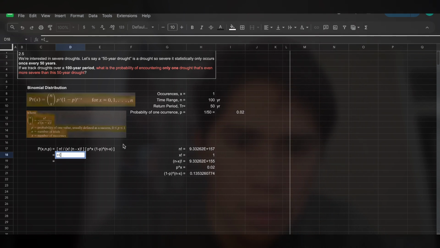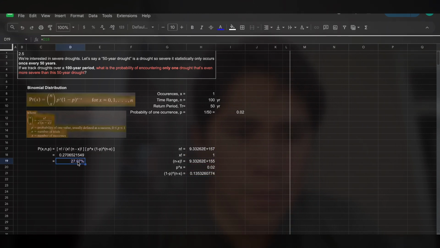Let's use parentheses. N factorial is going to be this value over x factorial, which is 1, times n minus x that we have here, and then close that parenthesis and multiply by the other second part of the equation, which is p to the x, okay, this part times the second part of the other half.